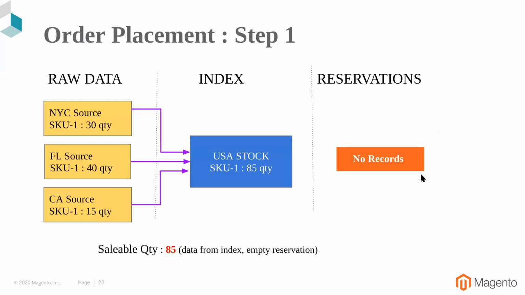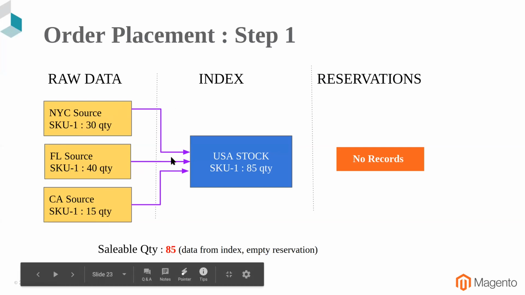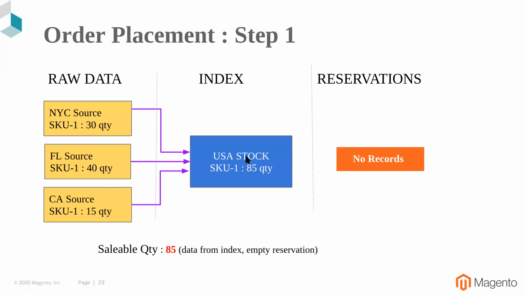So this is how the data looks in Magento. This is all three sources. Then this is the aggregate value from where the stock is updating or showing the quantity directly to the website. This is my actual sellable quantity. Until now, no reservation is made.